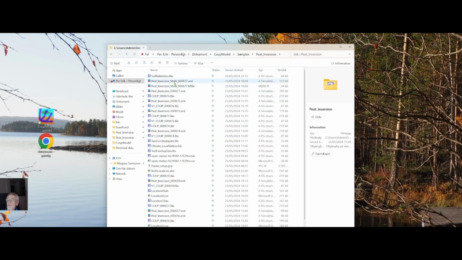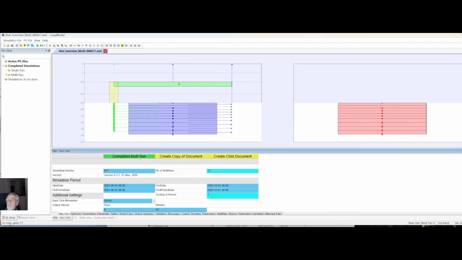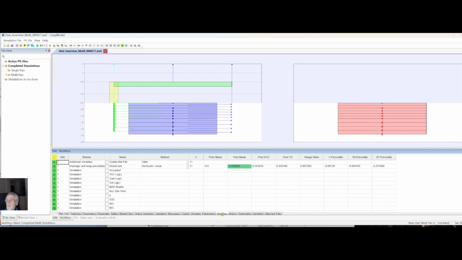First, I open the multi-run by clicking on this XML file. And then it explains that it is a completed multi-run, and these 11 runs have been done. And the 11 runs have been done with parameters that we can find in the multi-run tab. So in the multi-run we have now two parameters.